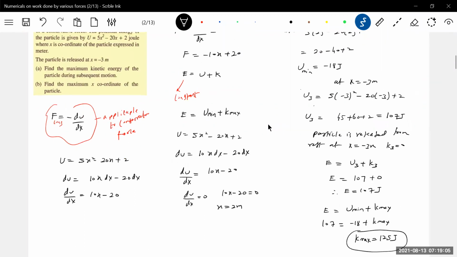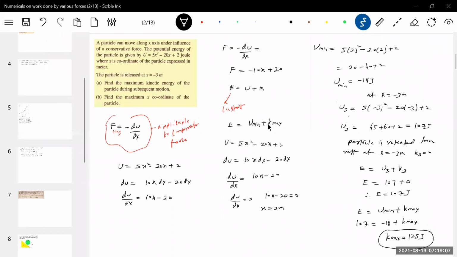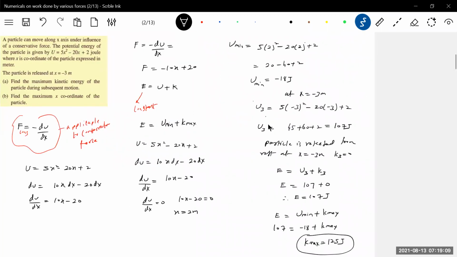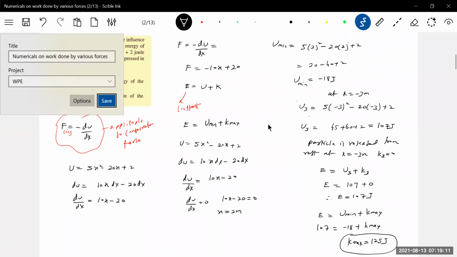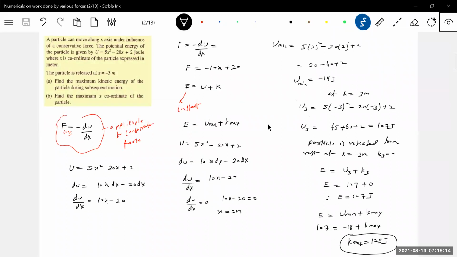Like this, from potential energy we can find out so many things. As it is conservative, the overall mechanical energy should remain constant. Then if potential energy increases, kinetic energy should decrease. If potential energy is minimum, then kinetic energy will be maximum. Sir, can we call U3 the maximum potential energy?